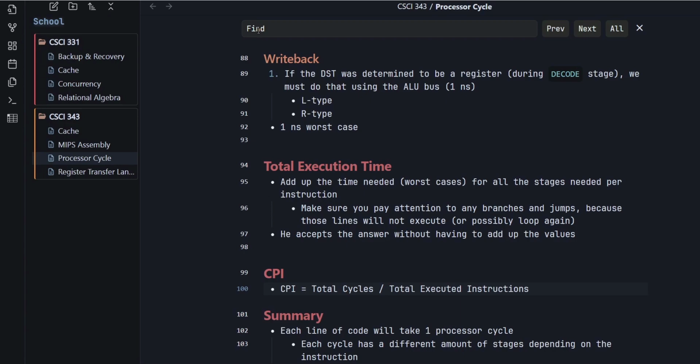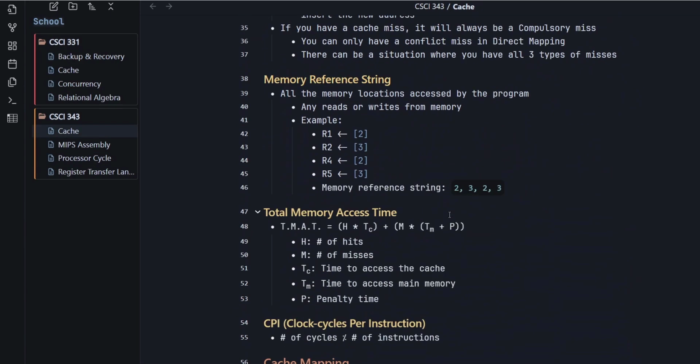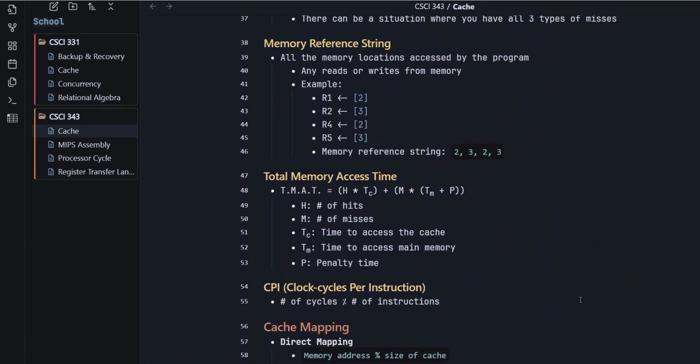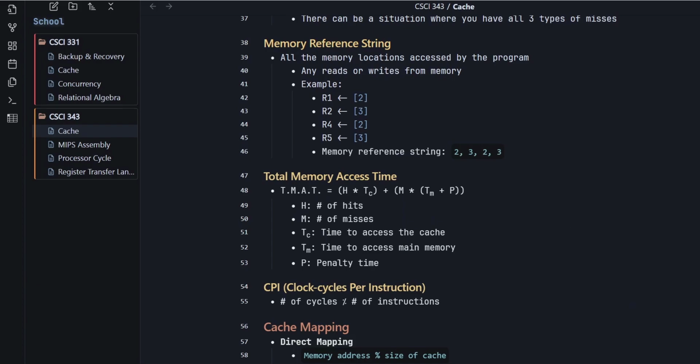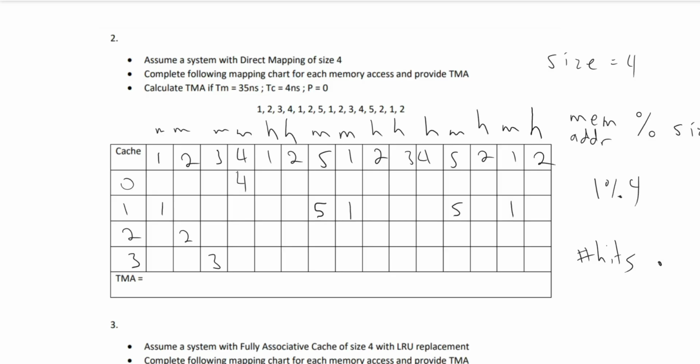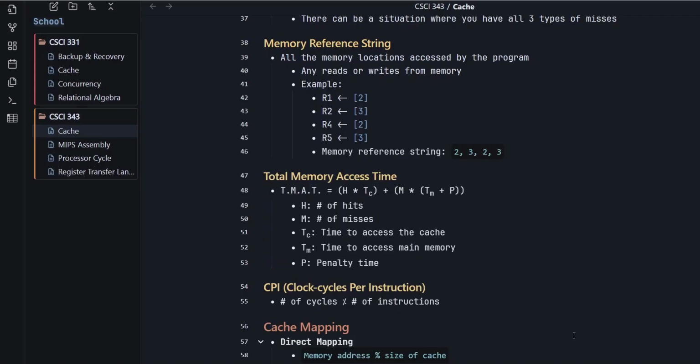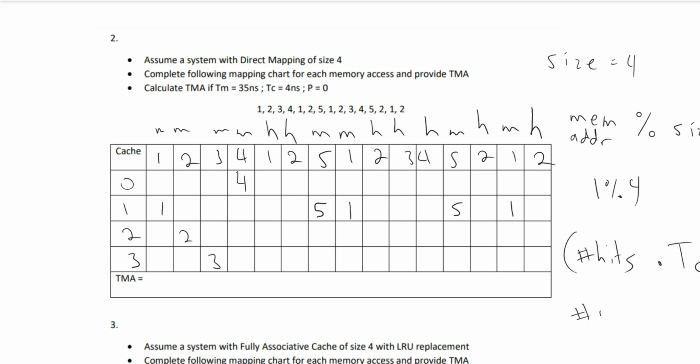What's the formula? I wrote it somewhere. Okay. So it's number of hits times the TC plus number of misses times TM plus the penalty, right?